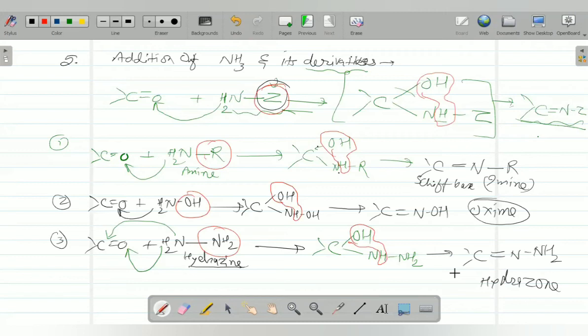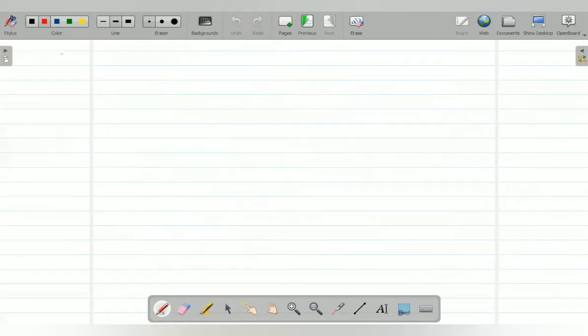Now come to the second reaction, that is reduction. Number 2. The second property is reduction of aldehydes and ketones. On reduction, it gives either alcohols or alkanes. First, we can reduce it to alcohol by using a reducing agent.